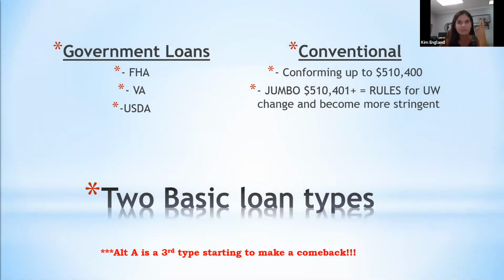There's basically 2 types of loans that we deal with. We deal with government loans and we deal with conventional loans. FHA, VA, USDA are government loans, and then conventional. Conventional is basically up to 510,000, which is your conforming. Anything higher than that is jumbo money, which right now is really tough.